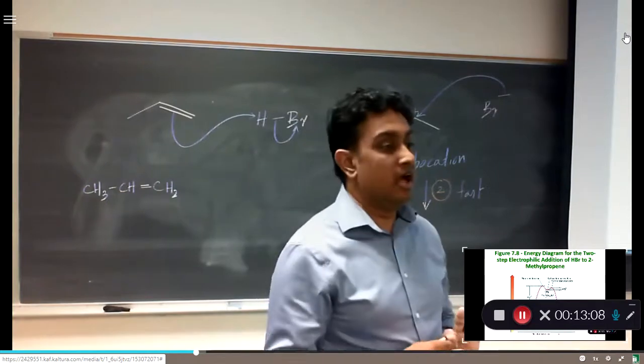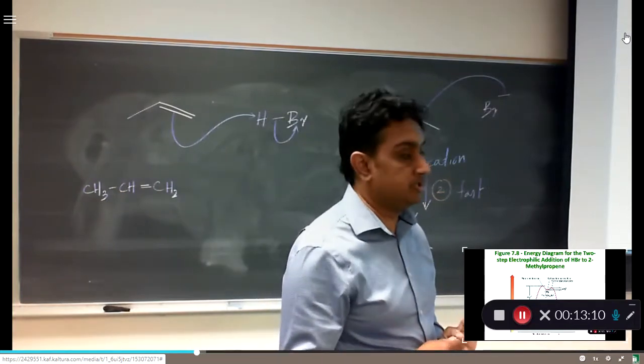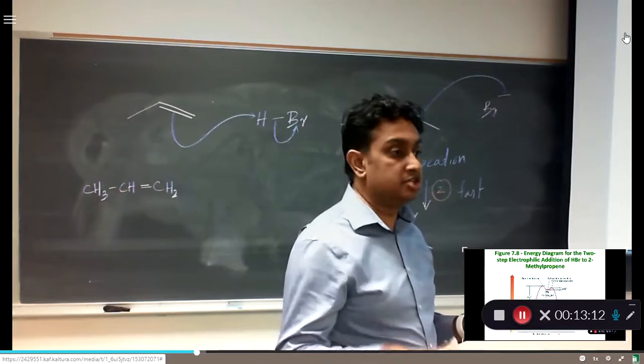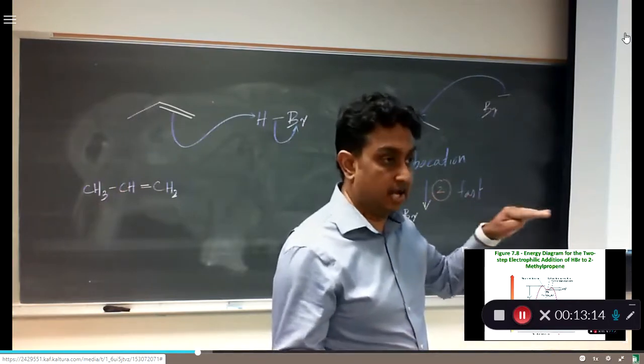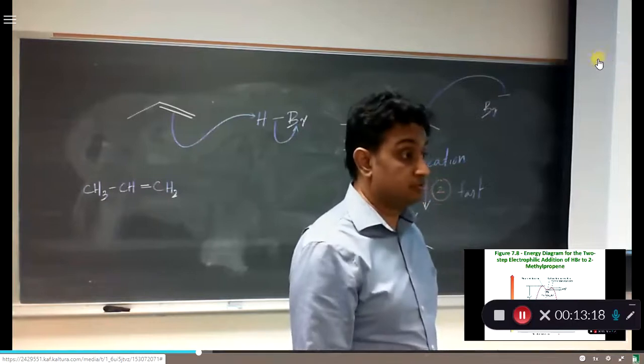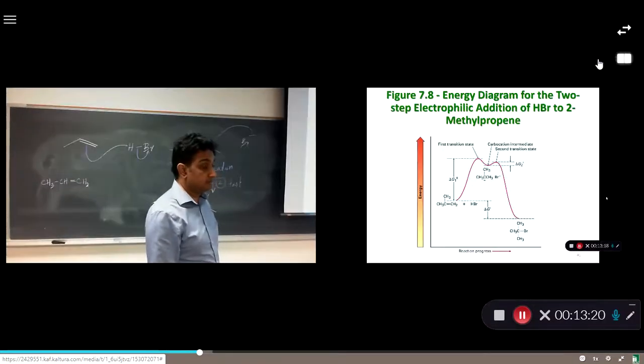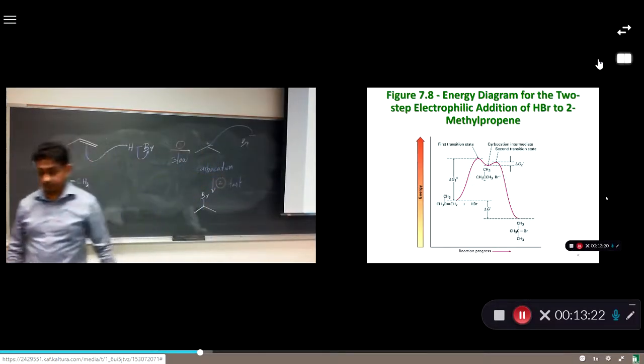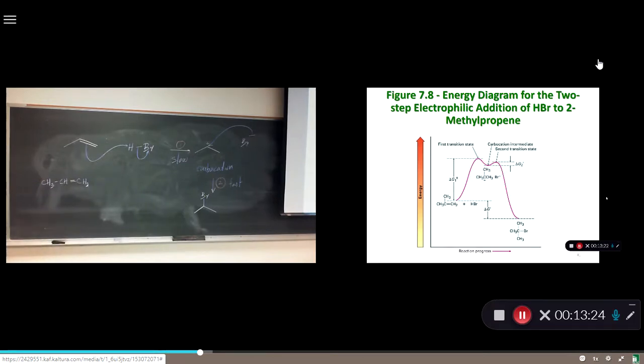And then the overall reaction is exergonic. Exergonic means the product energy is lower than the starting material energy. So this is a spontaneous reaction. You said the overall is exergonic?